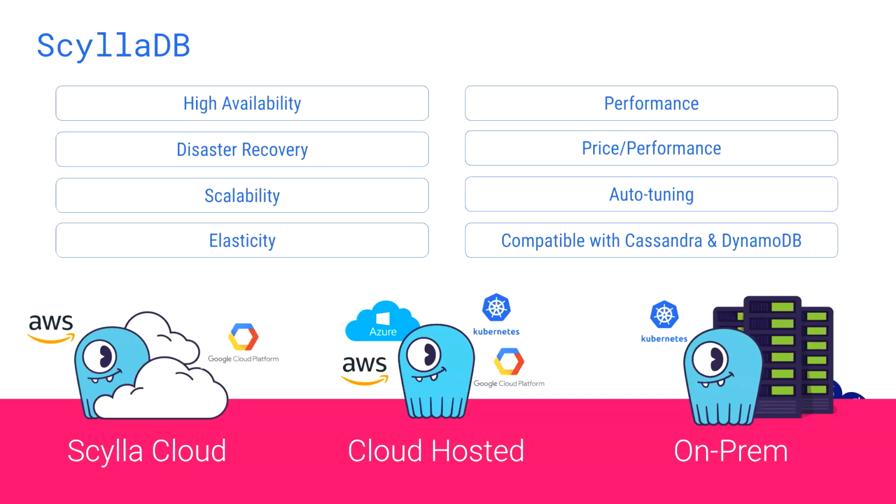ScyllaDB has different attributes. I won't go over them, but maybe just briefly. High availability, so it works, as I said, in a distributed manner without a single point of failure. The system is very scalable, so it's easy to add or remove nodes as the system is running, which goes together with elasticity. It's very highly performant, which fits perfectly for AI applications.